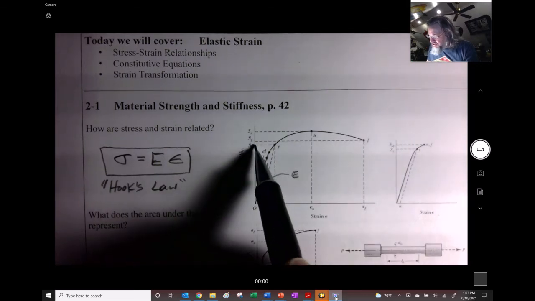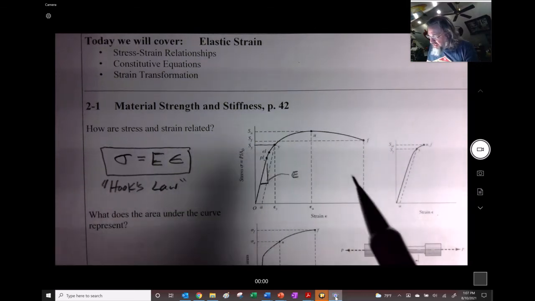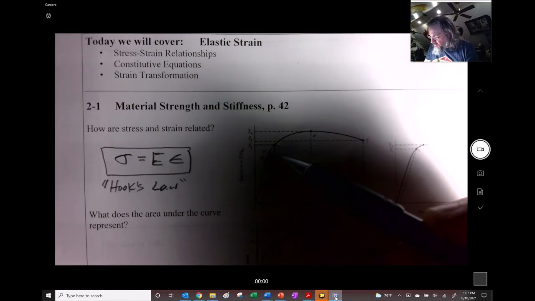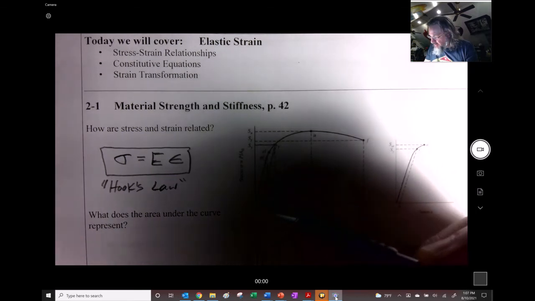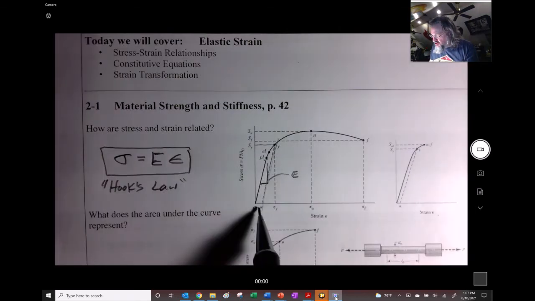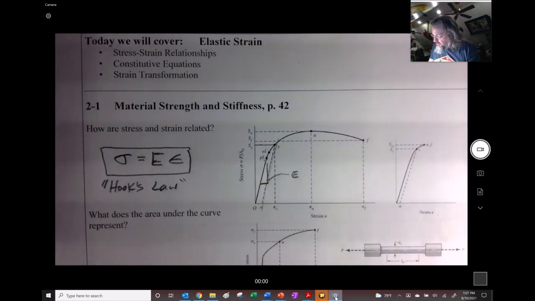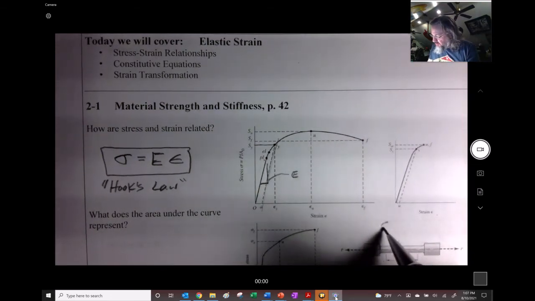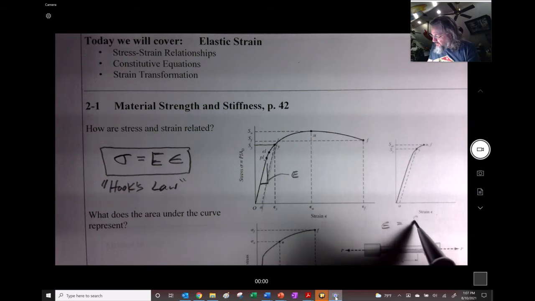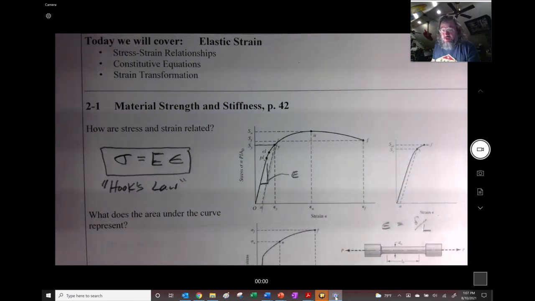We do have the yield strength, which is interestingly enough taken by way of taking a parallel line right here at an offset in strain. Remembering that basic strain is equal to the deformation over the original length.